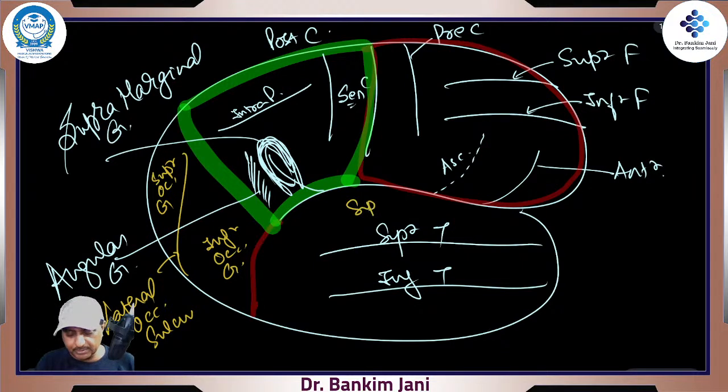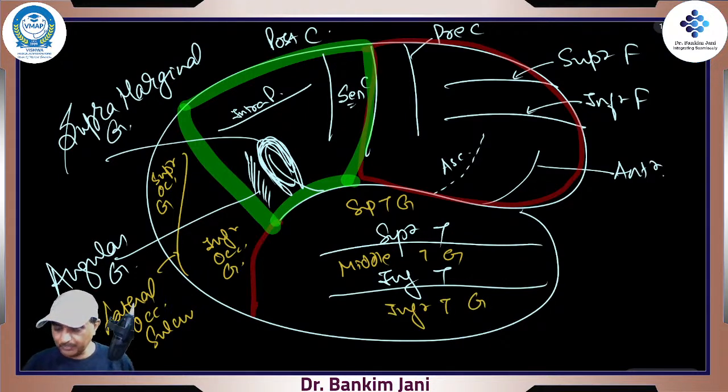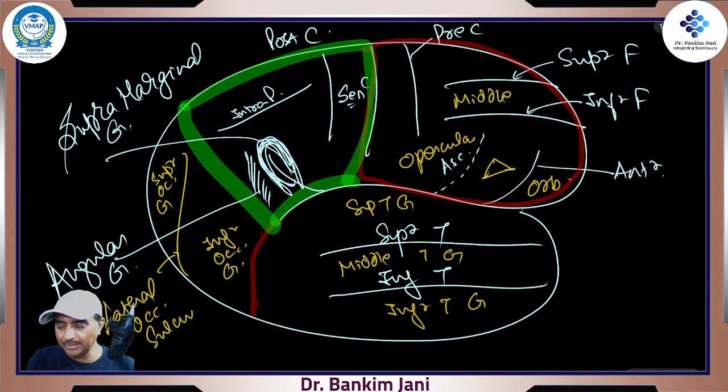Similarly, this one would be the superior temporal gyrus, this one the middle temporal gyrus, and this one the inferior temporal gyrus, right? This is orbital, this one is triangular, this one would be opercular, right? Rest of the names: this one would be the middle frontal gyrus, this one the superior frontal gyrus, and this orbital, triangular and opercular are all part of the inferior frontal gyrus, right?